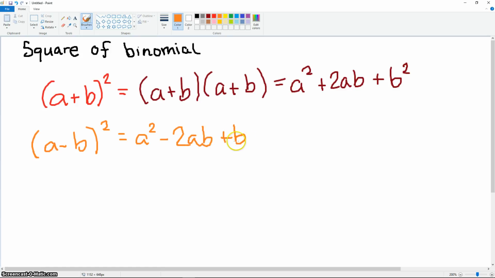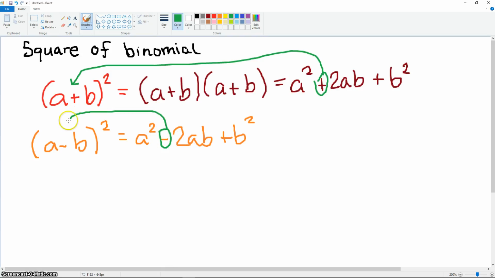So as you can see, it's the same thing as the previous one. The only difference is that this has a plus, which makes complete sense because this plus stems from this plus. Likewise, this minus stems from this minus.